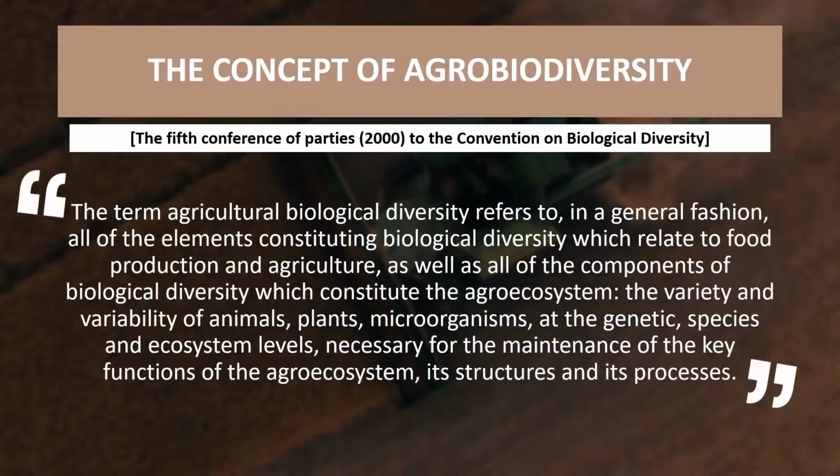We talked about all these levels in the beginning of this course in some session. That is necessary for the maintenance of the key functions of this agroecosystem, its structure and its processes, right?